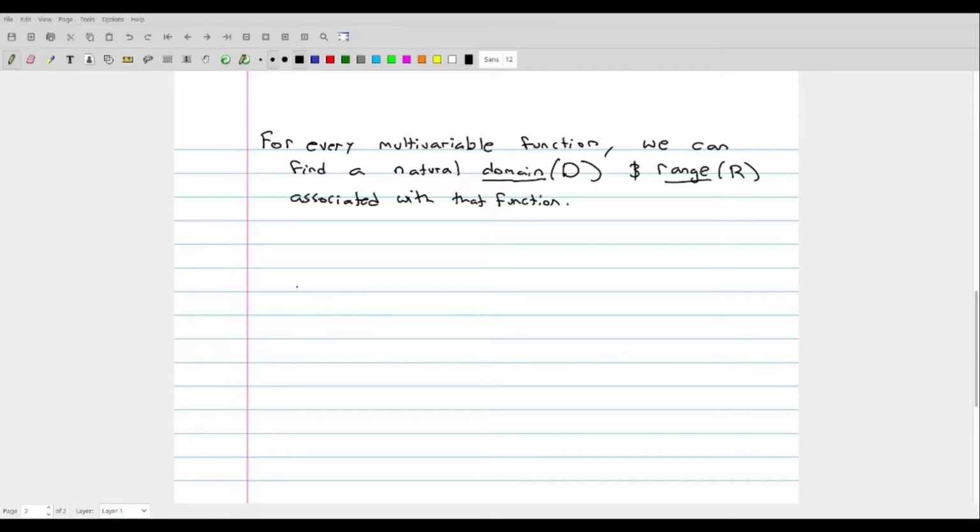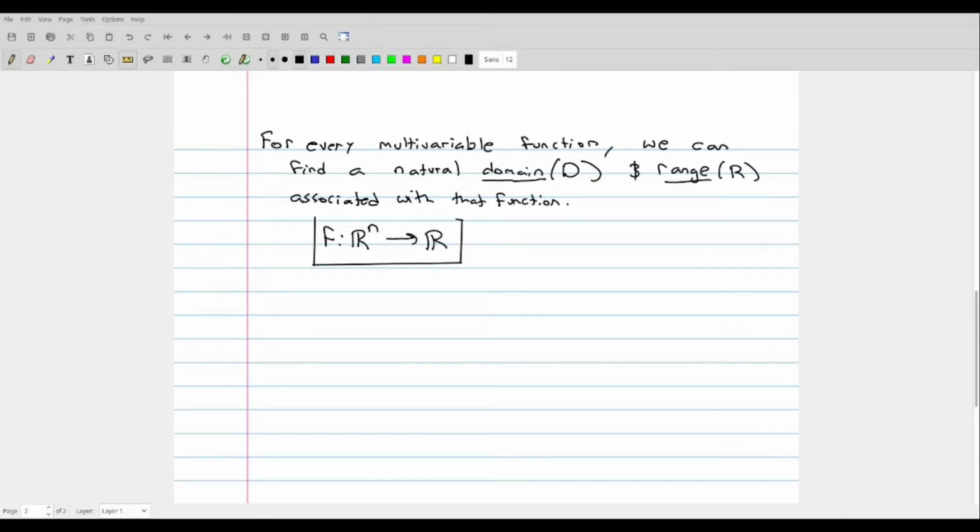And specifically, the functions that we're going to be considering are functions from n-dimensional space into R. That's going to be a scalar function of n variables.